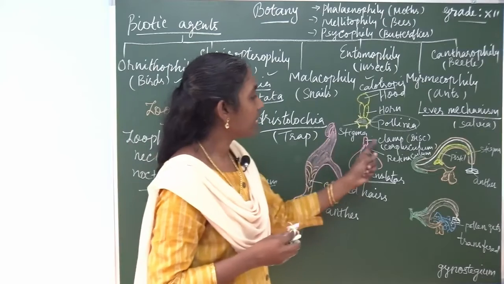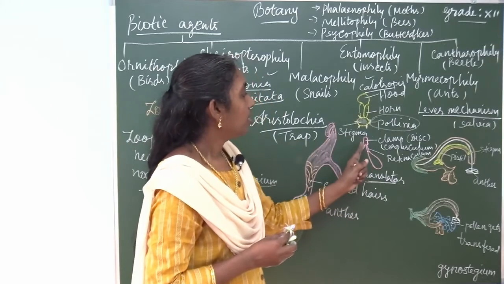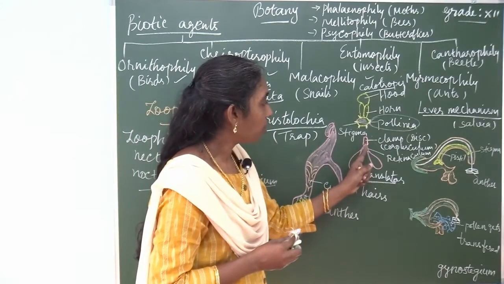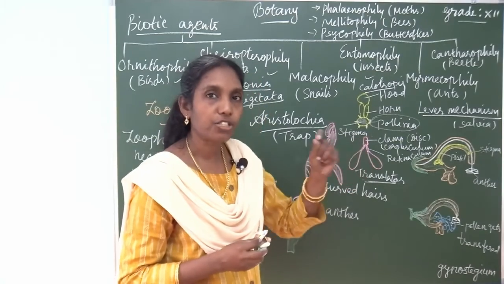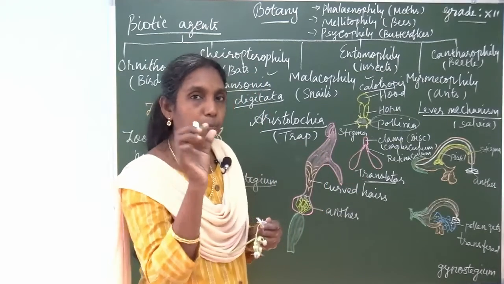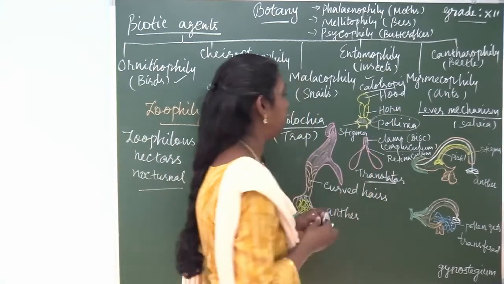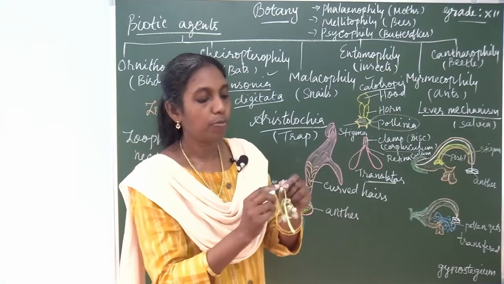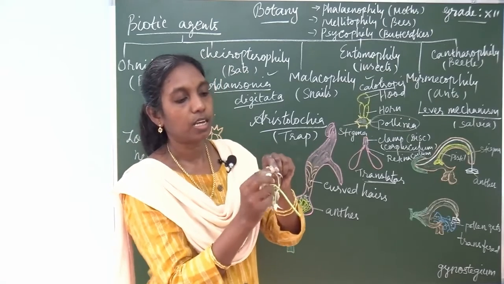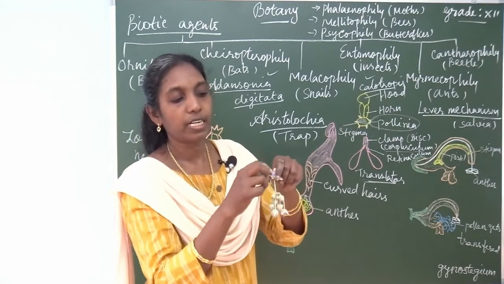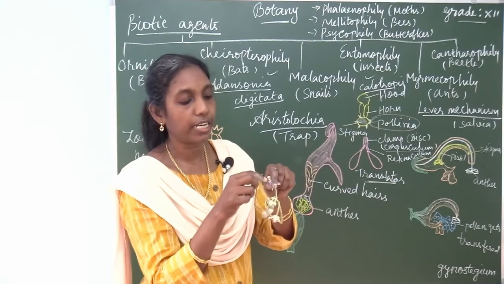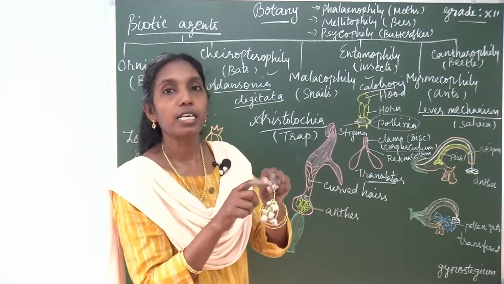Look at the structure of this translator. This translator consists of a clamp or disc-like structure, a clamp or clip-like structure. This structure is known as corpusculum.